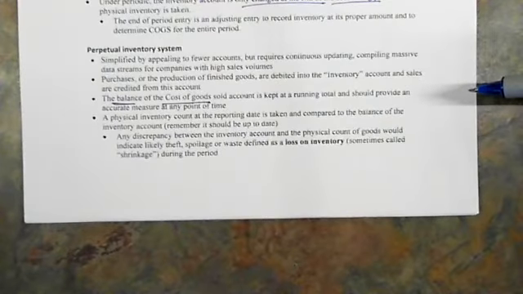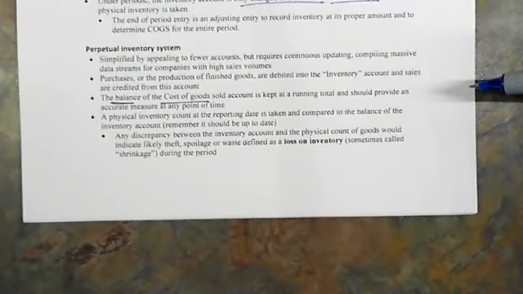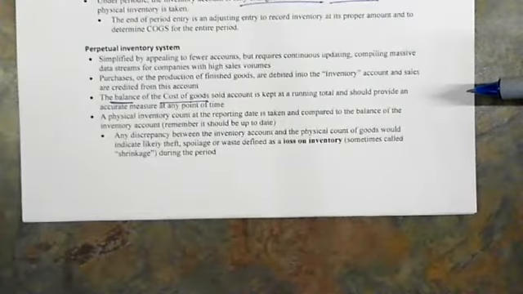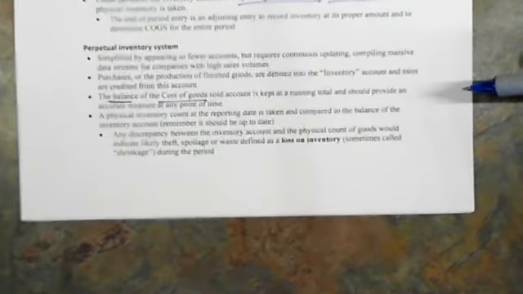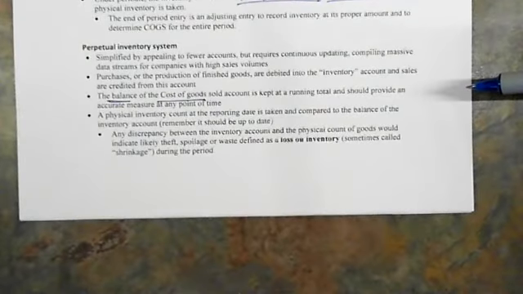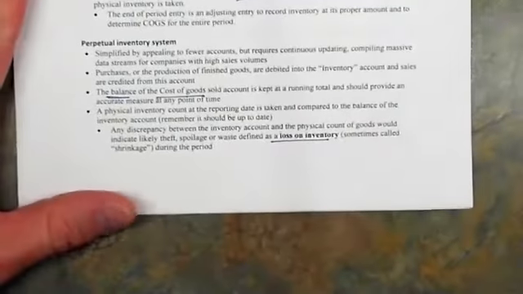The advantage of a perpetual system is, since you know how much COGS you should have, when you count up the inventory at the end of the period, any discrepancy between what you know you should have on hand and what you don't have would be defined as a loss on inventory. It would be theft, spoilage, shrinkage.